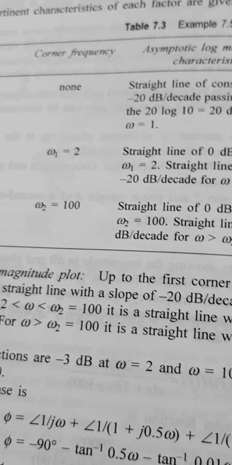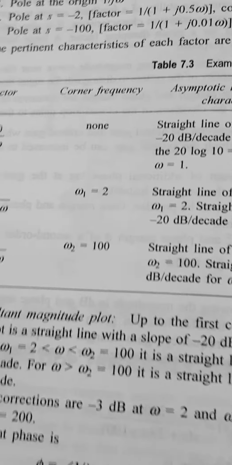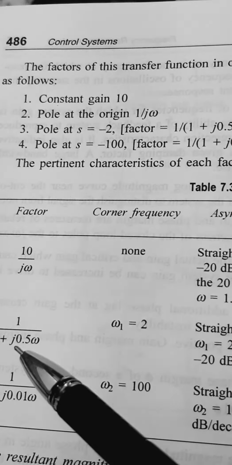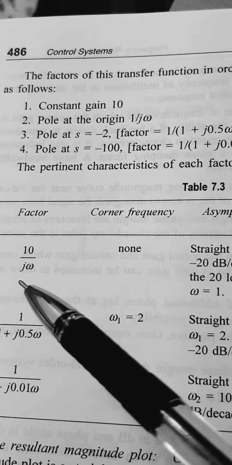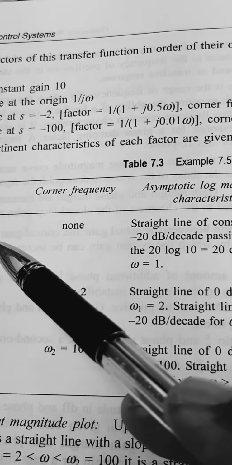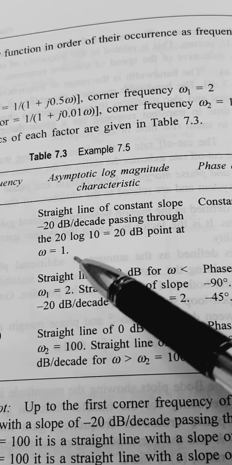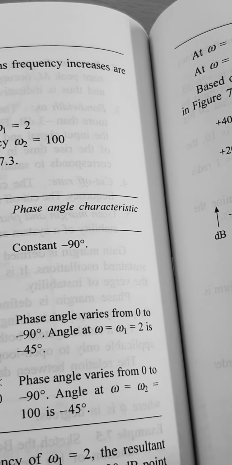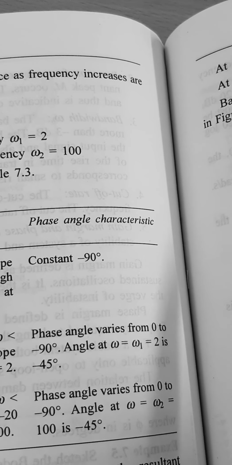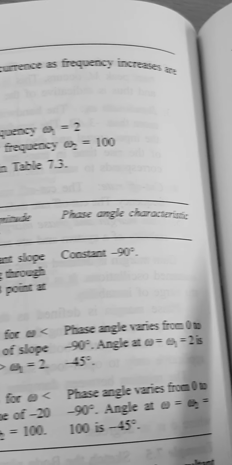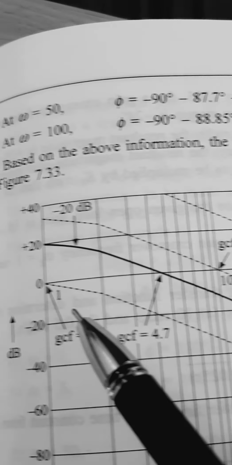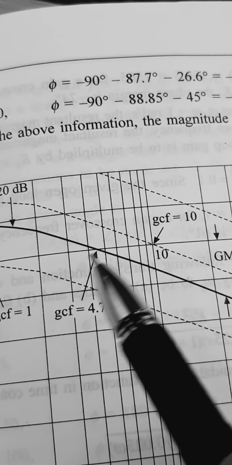Now we will draw the Bode plot. Depending on the corner frequency, we have to start. The first term at omega is equal to 1. This is a 0 line.